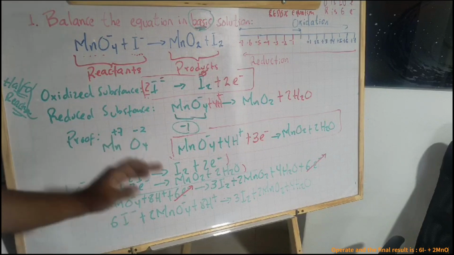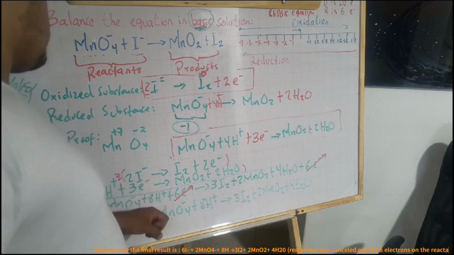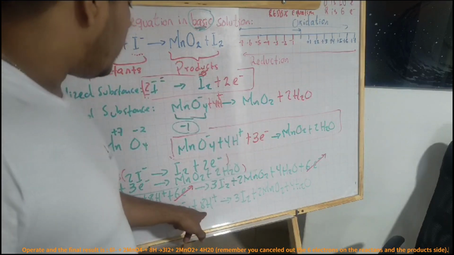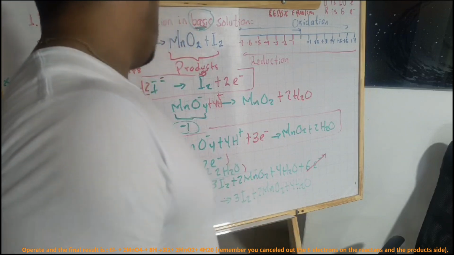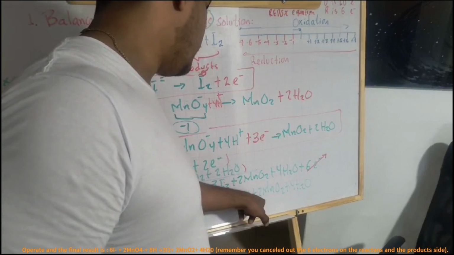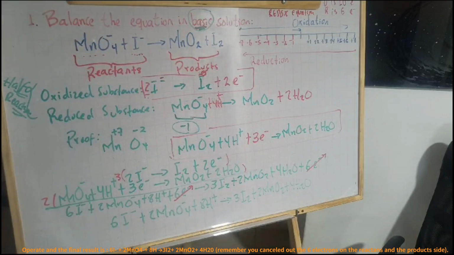The result will give us 6 iodide ions plus 2 permanganate ions plus 8 hydrogen ions yielding 3 iodine molecules plus 2 manganese dioxide molecules plus 4 water molecules.